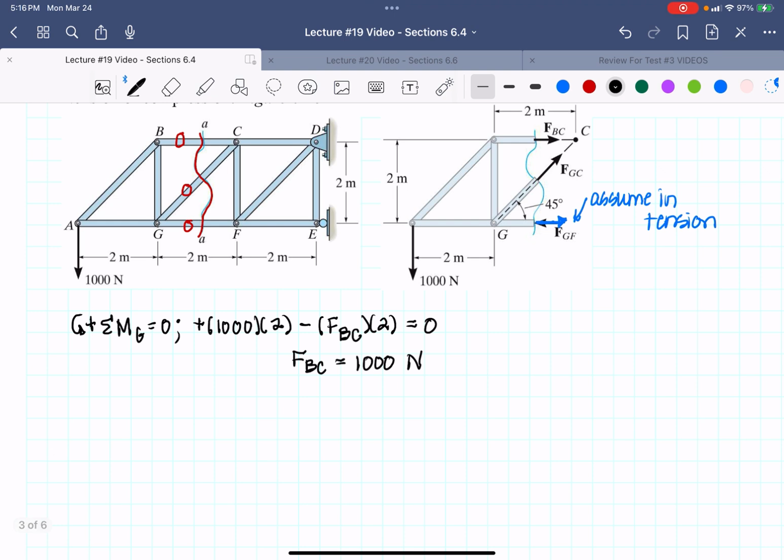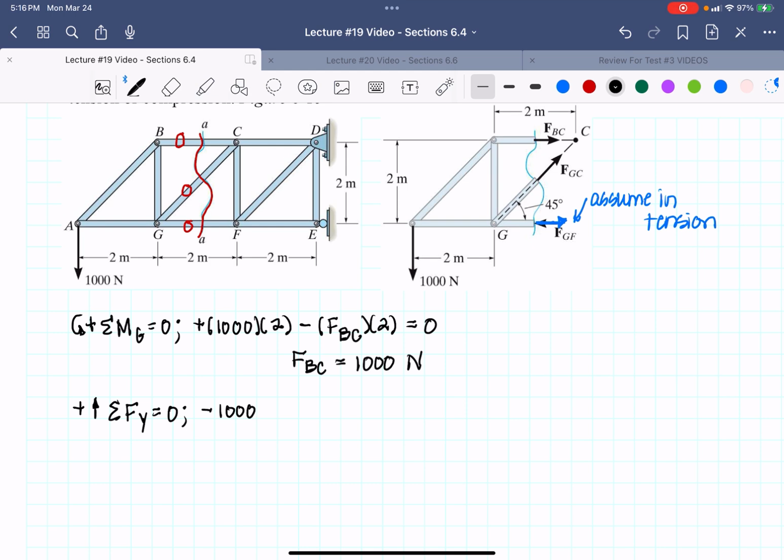My second equation, I'm going to sum the forces in the Y direction first. So this is another one where the order you do it can matter. If I try to do the sum of the forces in the X, I'm going to have both FGF and FGC. So I want to be able to solve for one of those before I do my forces in the X direction. So the sum of the forces in the Y direction equals 0. So I'm going to have negative 1,000.